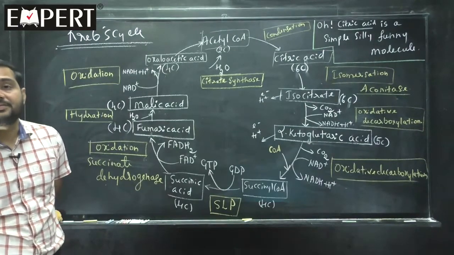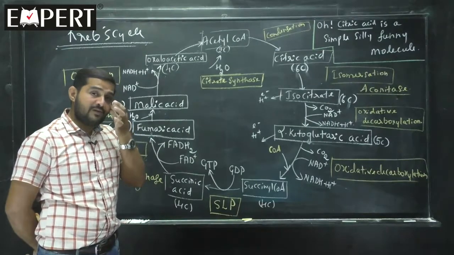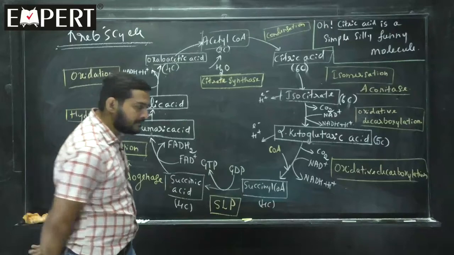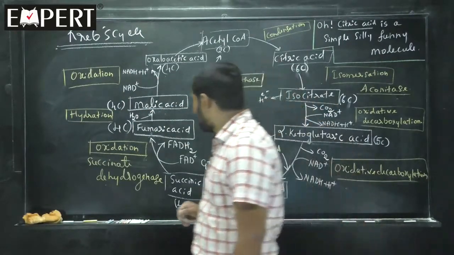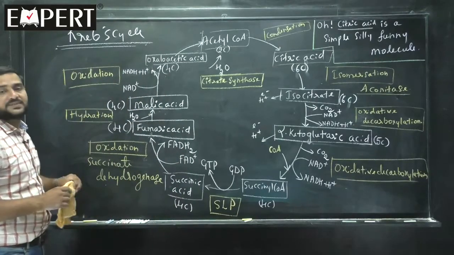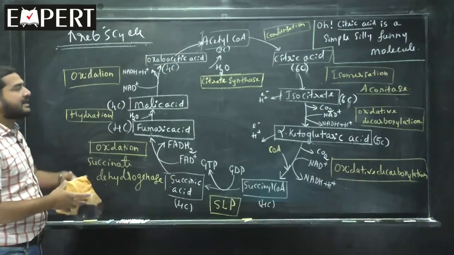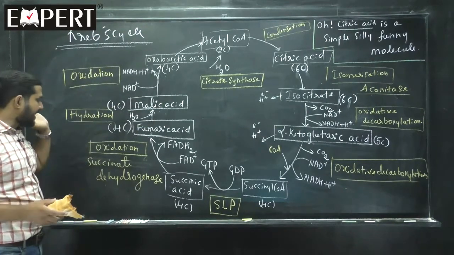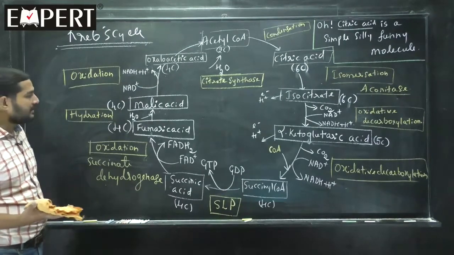How many ATP formed? 2 GTP formed, that means 2 ATP formed for 1 glucose molecule. All these things have to be remembered. We will be writing down all those aspects, and I will be erasing this Krebs cycle now. Hope you have taken down important enzymes like citrate synthase, aconitase, succinate dehydrogenase. If you remember them, it is enough. Done.